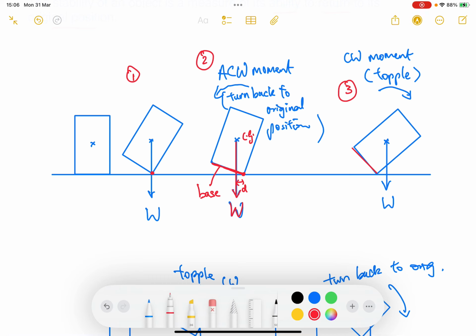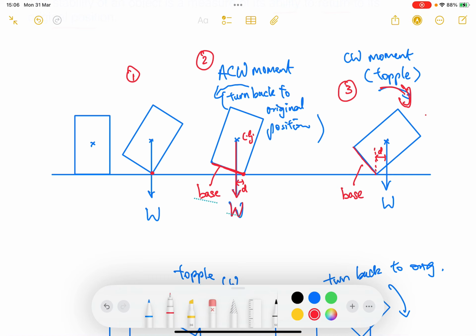Let me redraw that. Okay, so the vertical line through the center of gravity is now acting outside of the base, right? So then there will be a perpendicular distance over here. They will cause it to turn clockwise and topple, causing the cuboid to topple.